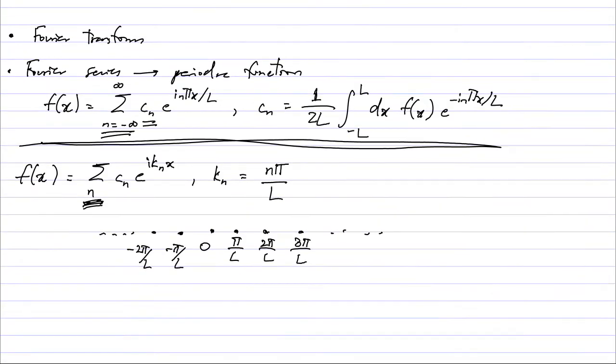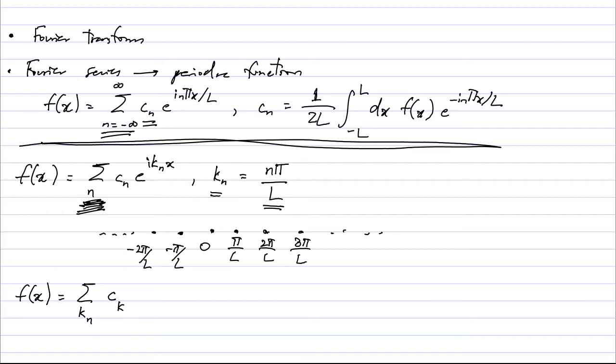So just to make the fact that this sum becomes a continuum clearer, let me rewrite this sum in the following form: the sum over n corresponds to the sum over the allowed values of k, because this sum I'll be converting to an integral over k. That's why I'm doing this change of notation. C depends on n. If it depends on n, then because of this relation, it depends on k.